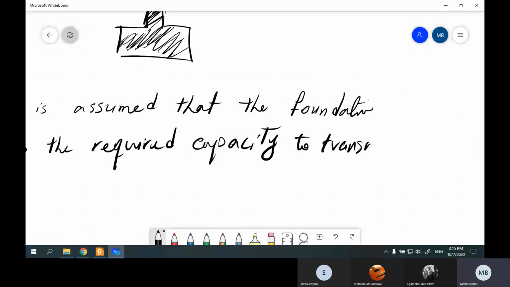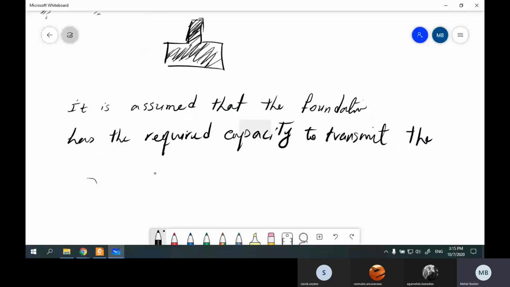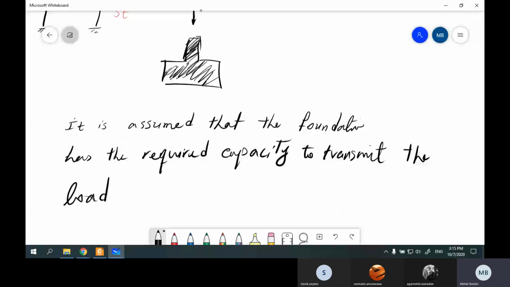This is our main assumption. Okay, so when the load is passing through this foundation, we're not going to have any cracks, any failures, and this load will reach the ground. Here is ground. Understood?